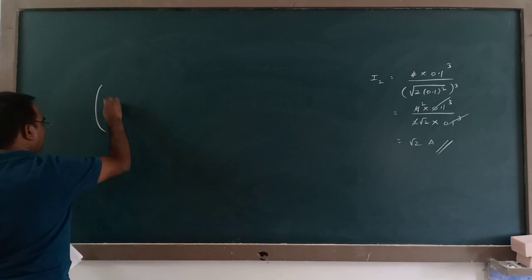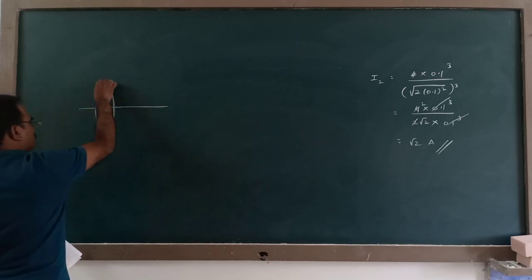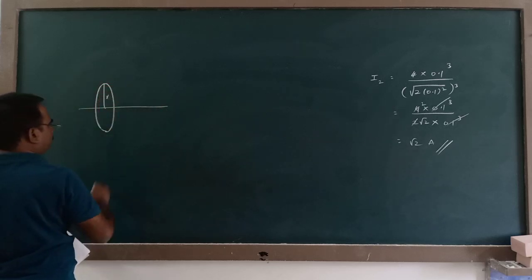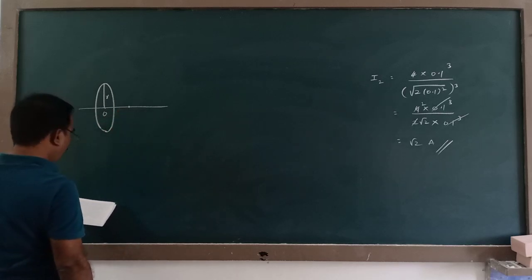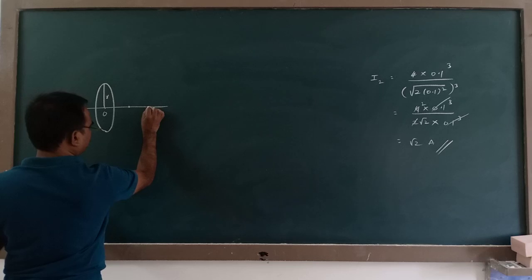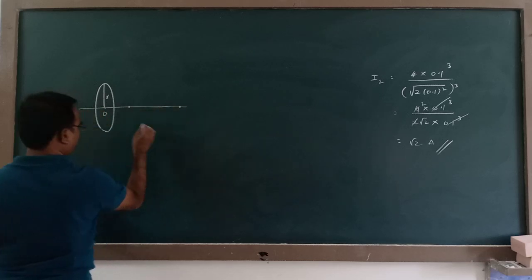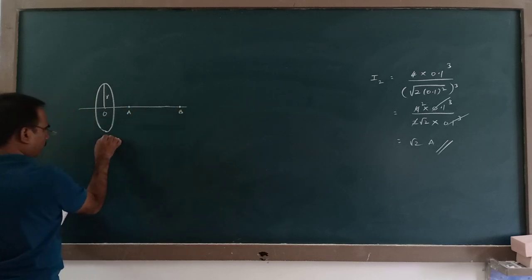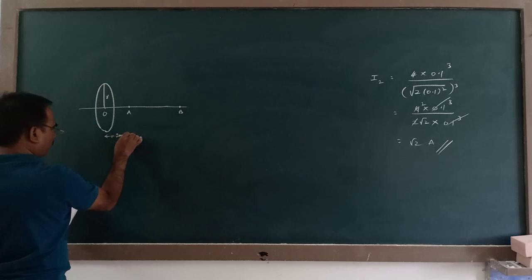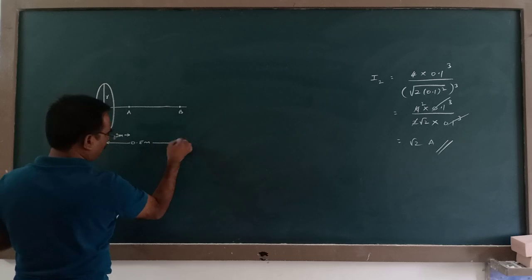See, here is a circular coil like this, whose plane is perpendicular to the blackboard. So this is the radius of the coil. There are 2 points at 0.2 meter and 0.8 meter. So this is A, this is B. This is 0.2 meter, this is 0.8 meter.